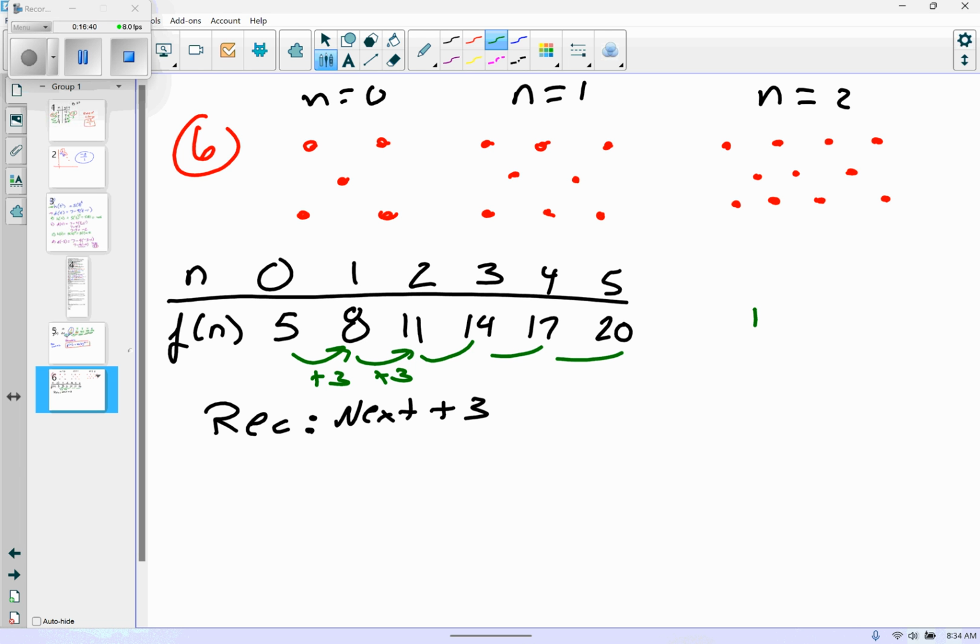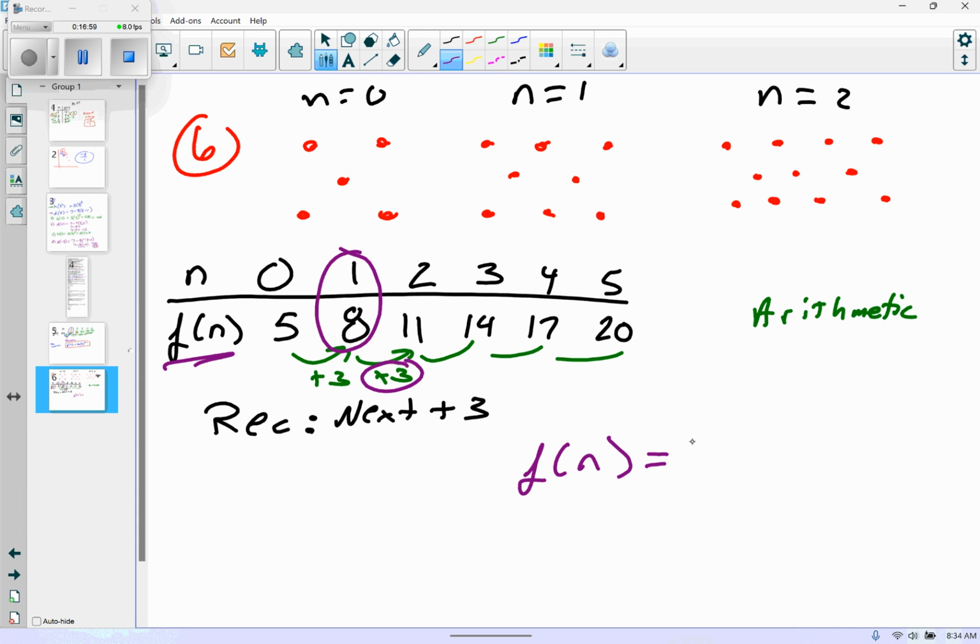It's going to be arithmetic. So if it's arithmetic, we need to figure out a few things. All right, so let's take this, looks important, and this plus 3 is important. So I'm going to use f of n for our equation, because that's what I have, equals 3 times n plus 8. So let's take a look. Did we do this one right?